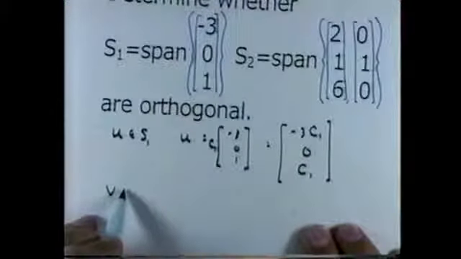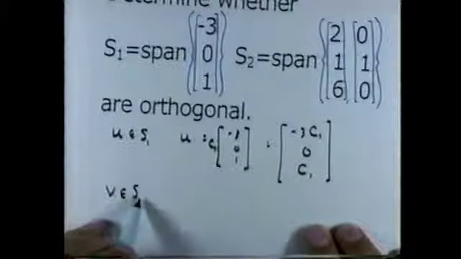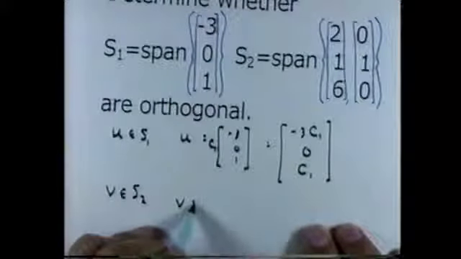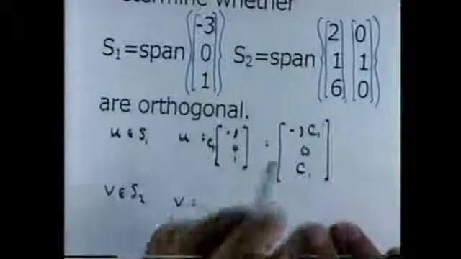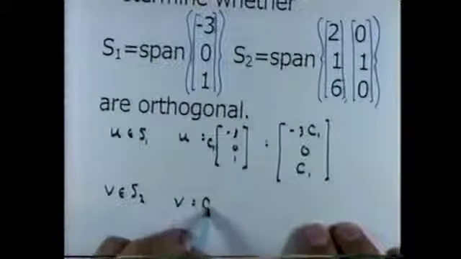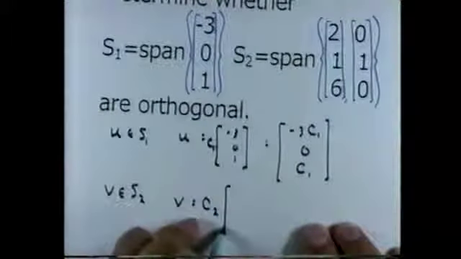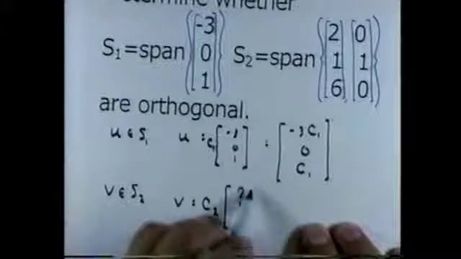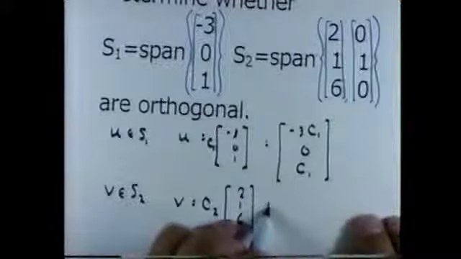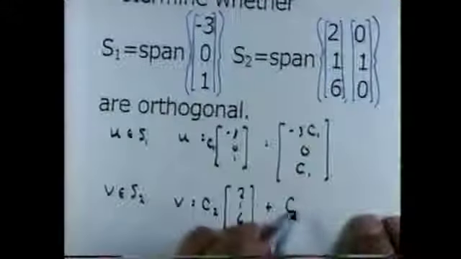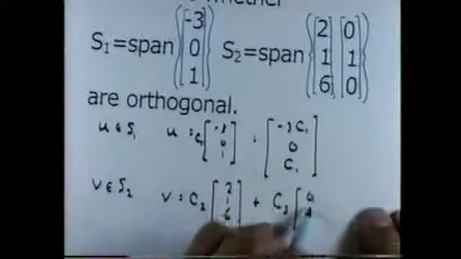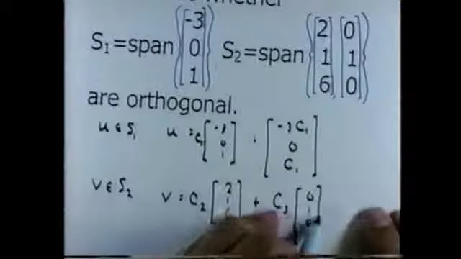Let's let V be an element of S2. That means V, if V's in the span of S2, is going to be C2 times 2, 1, 6 plus C3 times 0, 1, 0.